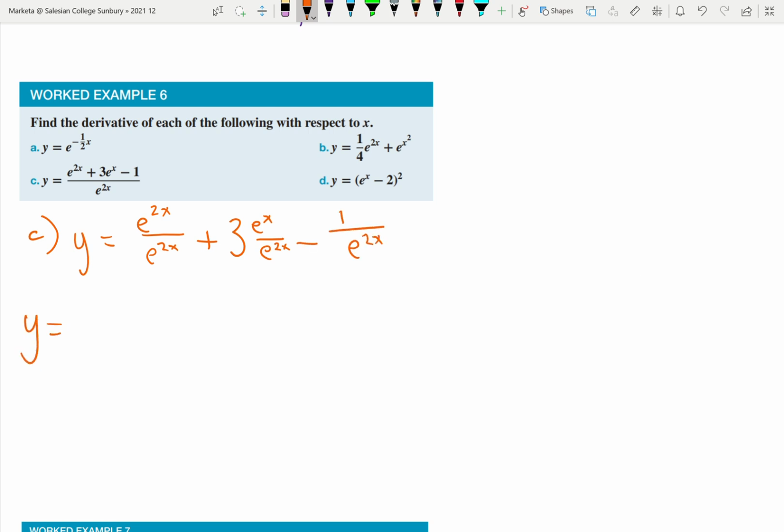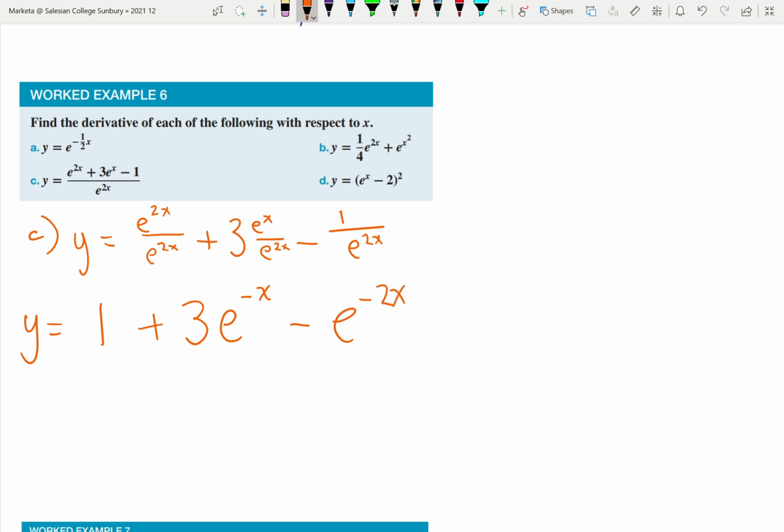So e to the 2x over e to the 2x, that's 1 plus 3 e to the x minus 2x, x minus 2x is going to be negative x, and then this is going to be minus e to the neg 2x.